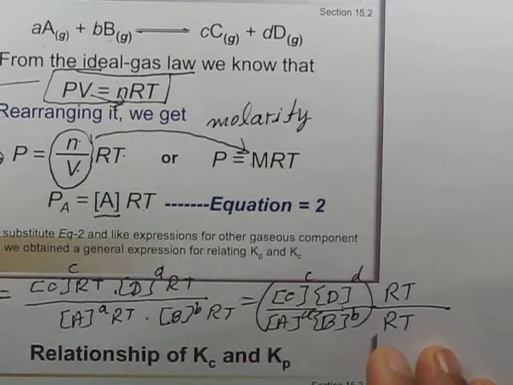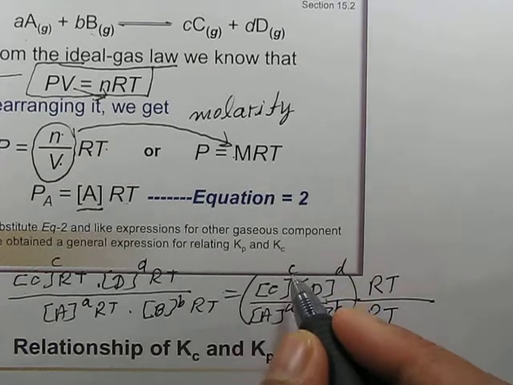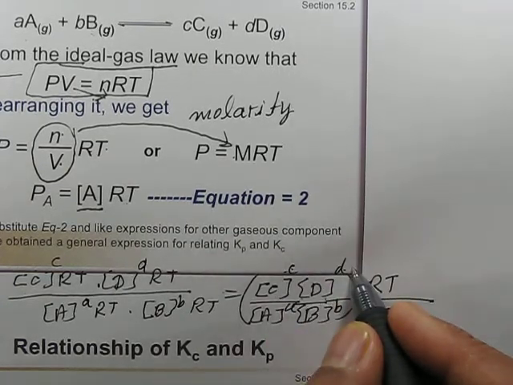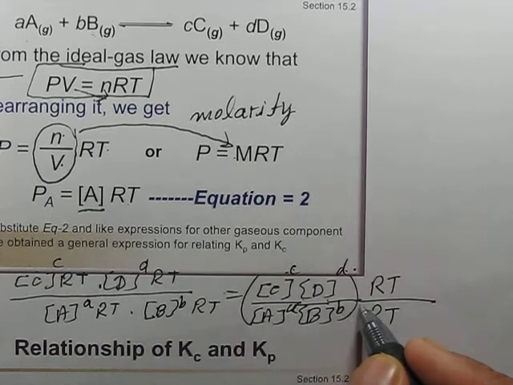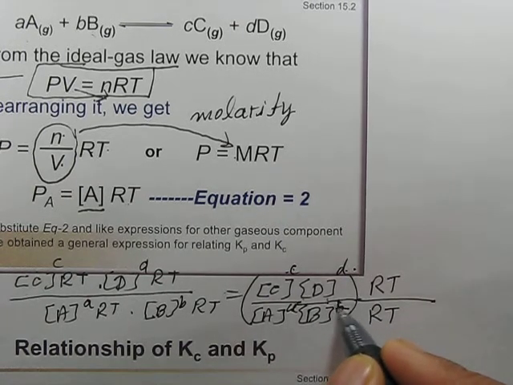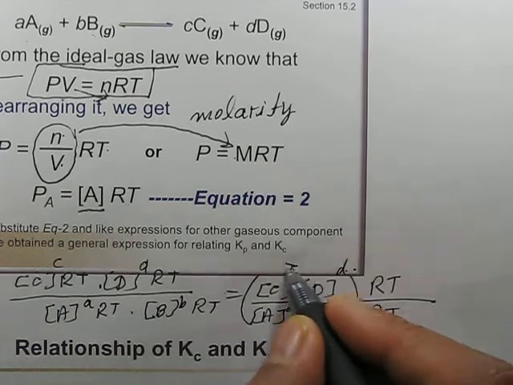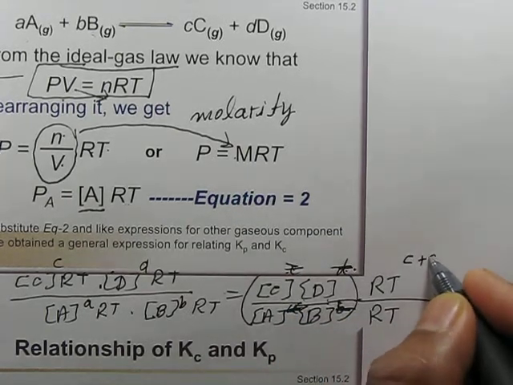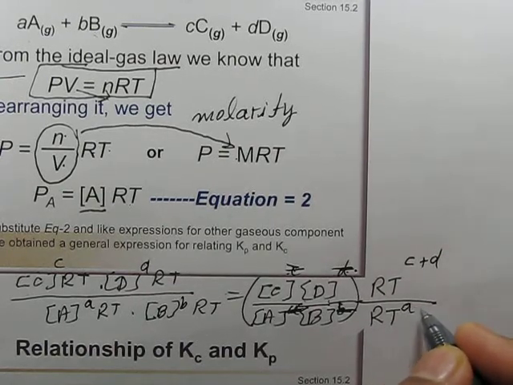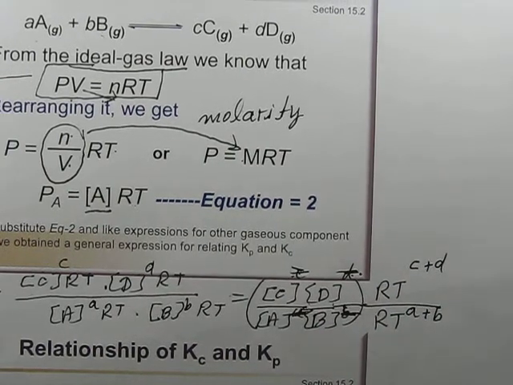But here we can also move these small c, small d, small a and small b outside, so we can remove them from the coefficient. So we can write it like this: c plus d divided by a plus b, right.